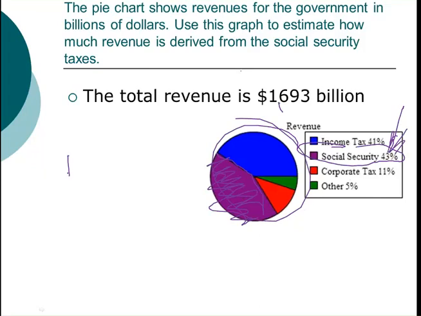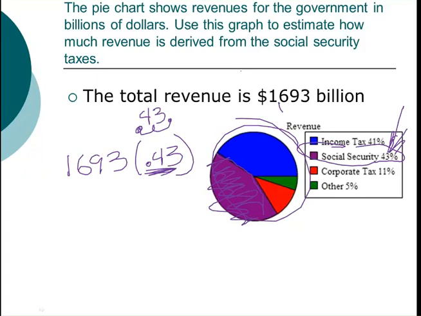So that means of the 1,693 billion, we're supposed to multiply that by 0.43. In other words, for that 43%, we take the decimal, move it over 2 places, make it a rate, and multiply, and that'll tell us how much of our actual money comes from Social Security.